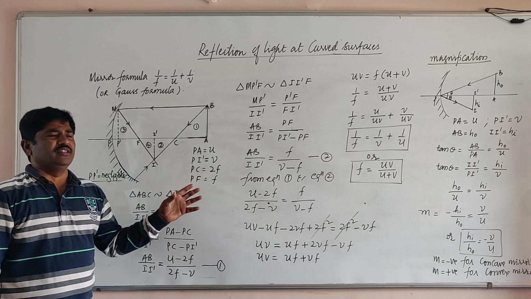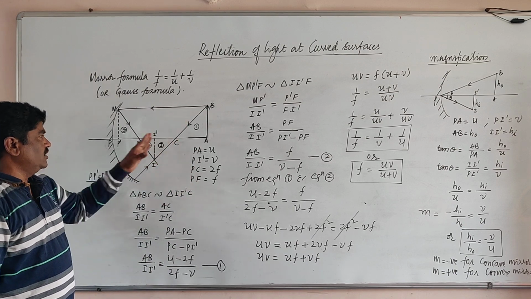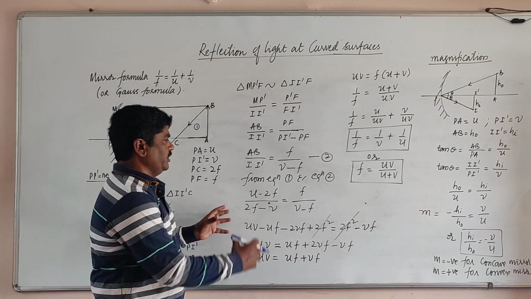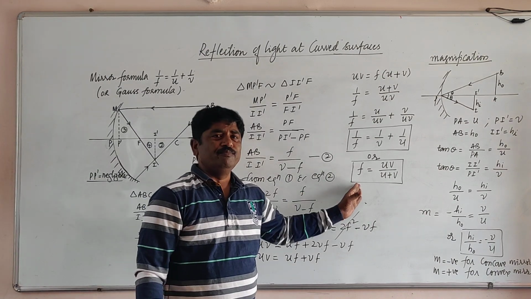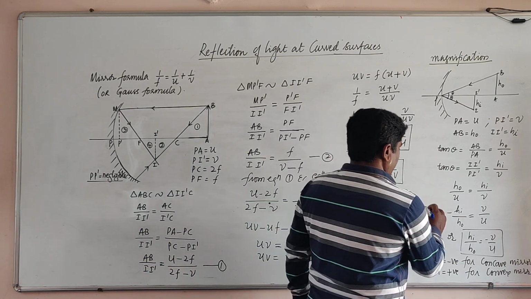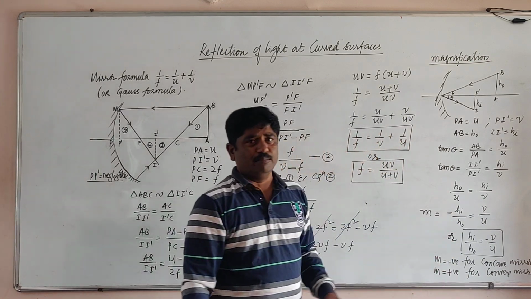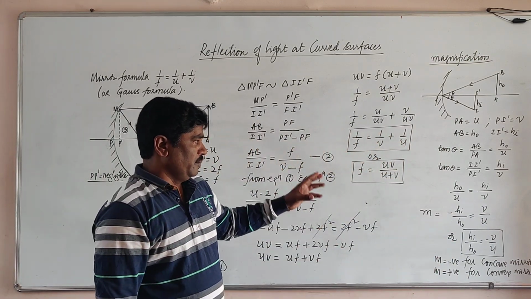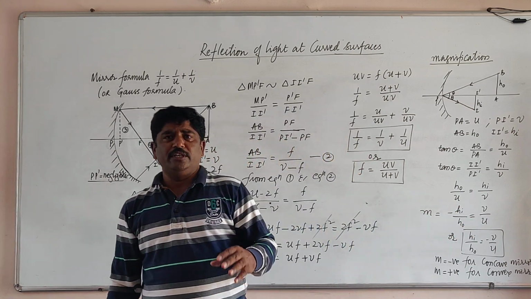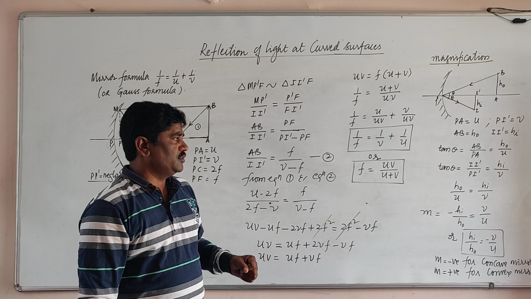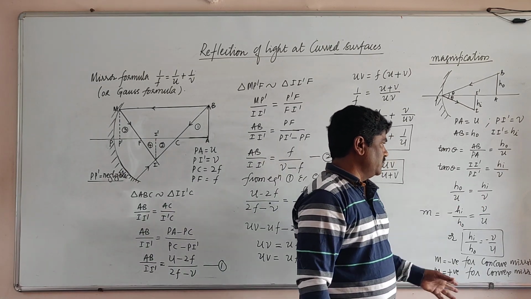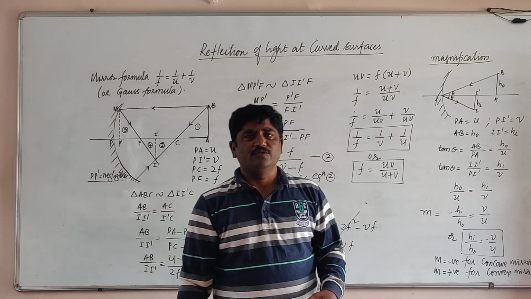Very simple thing, the notations must be taken, and just the 4 triangles are compared, 1 and 2 and 3 and 4, and just comparing the 2 equations you can derive the formula in a very easy way. And magnification, directly you can write the formula, the comparison of image distance and object distance, comparison of the height of the image by height of the object also you can write. So like this you can write this formula very easily. Thank you.